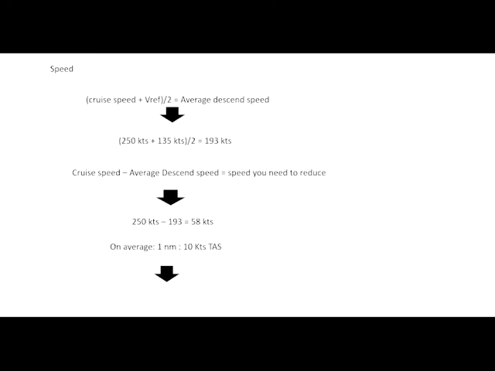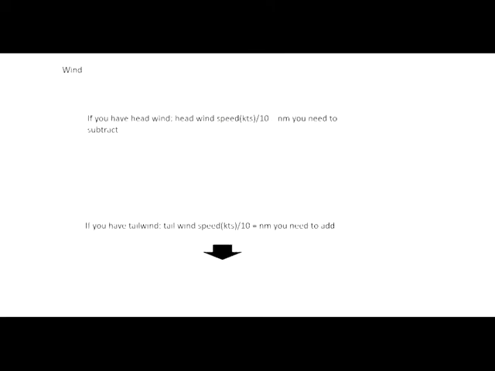On average, on most aircraft, it takes 1 nautical mile to reduce 10 knots of true airspeed. So just take 58 knots divided by 10 knots per 1 nautical mile equals 6 nautical miles for your speed reduction. Next, the wind. If you have headwind, you get your headwind speed. Let's say headwind is 5 knots.